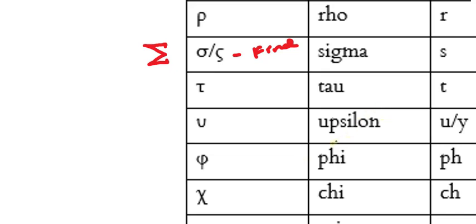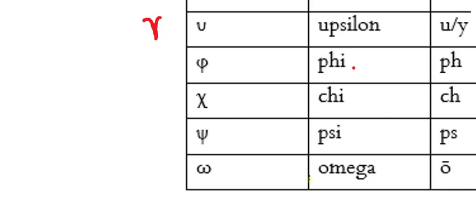This is a little bit of an odd looking letter here. It sort of looks like a Y. The phi, that's pretty recognizable. The chi. The omega here, that's one that does look a little bit interesting.